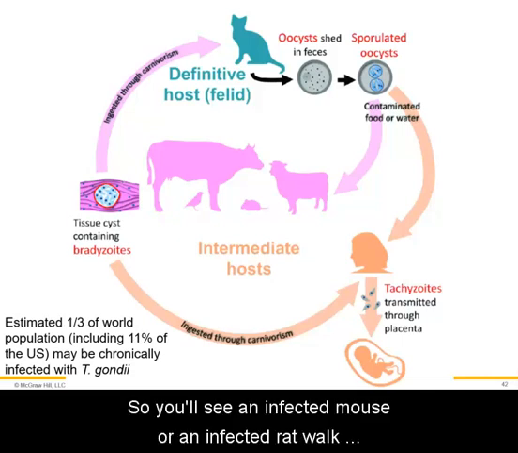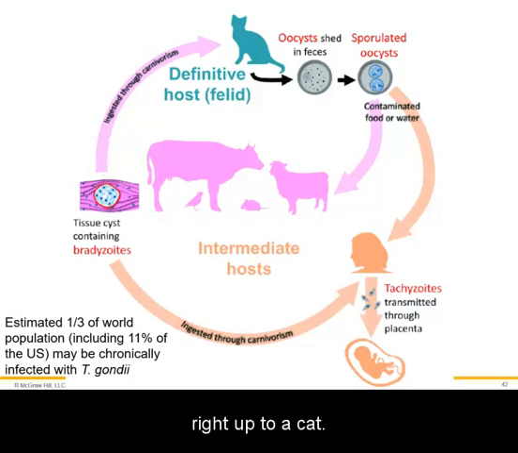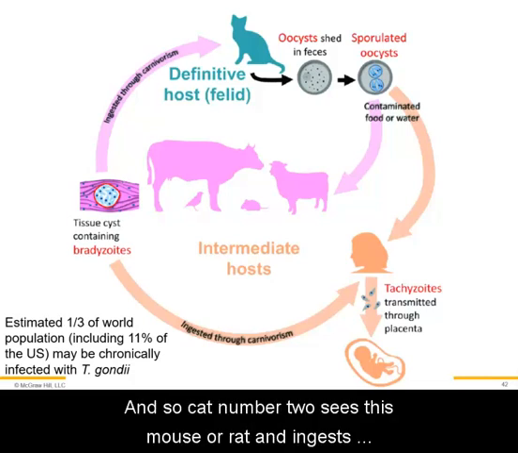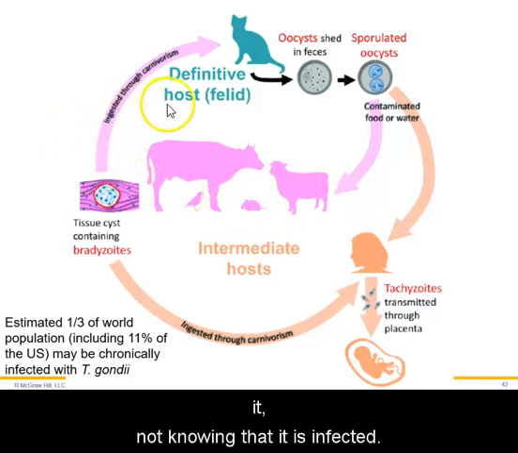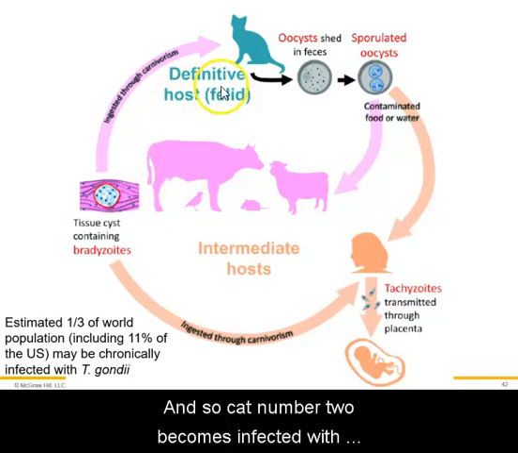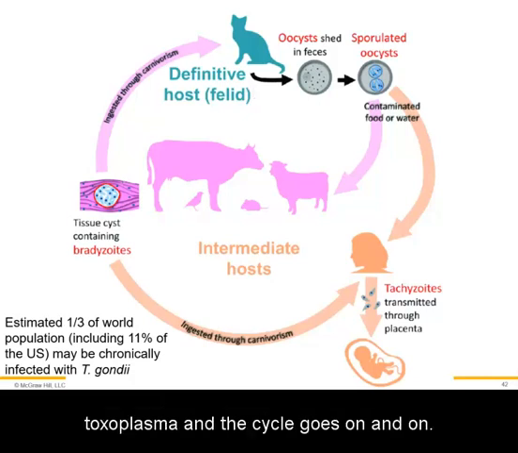So you'll see an infected mouse or an infected rat walk right up to a cat. And so cat number 2 sees this mouse or rat and ingests it, not knowing that it is infected. And so cat number 2 becomes infected with toxoplasma. And the cycle goes on and on.